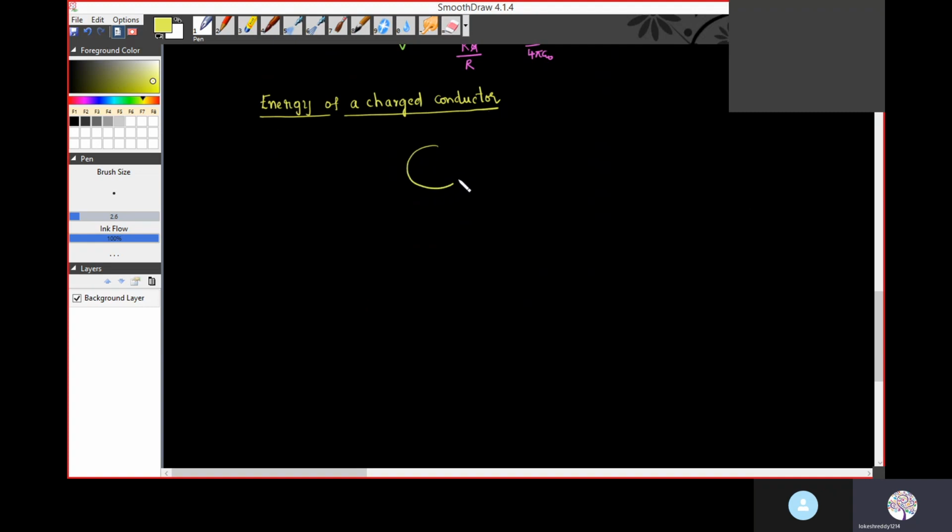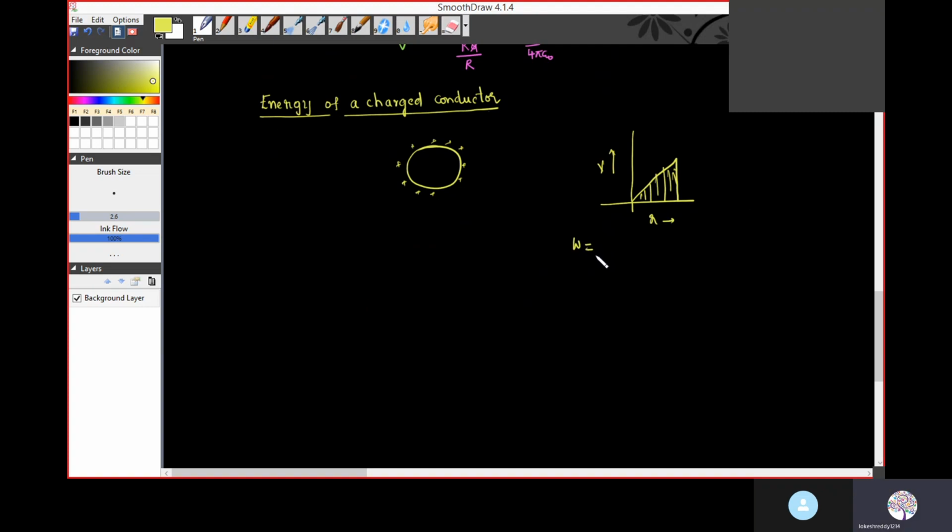So you have a conductor. How much energy is stored on this conductor? That is what I'm going to discuss. Now if you see the potential and charge graph, you can see this is the area.